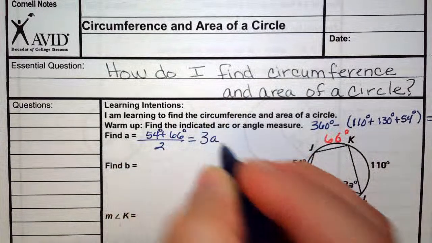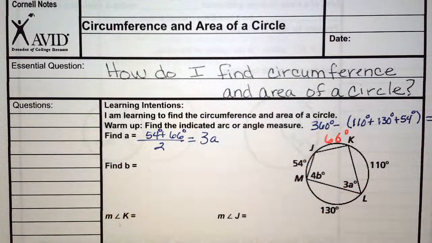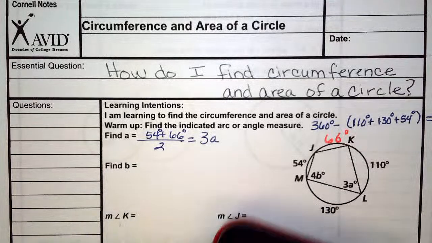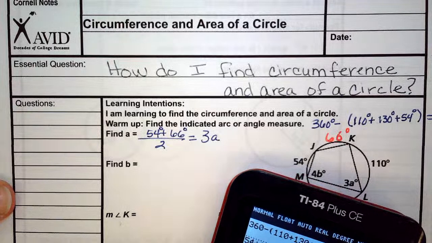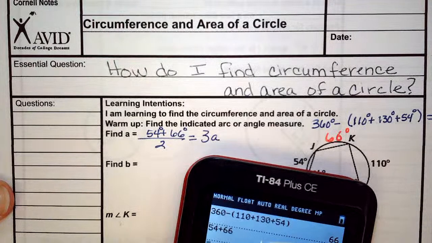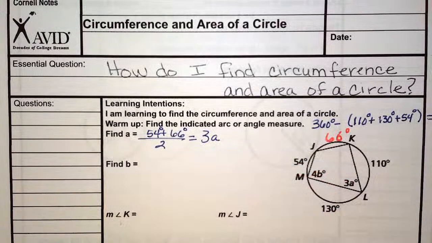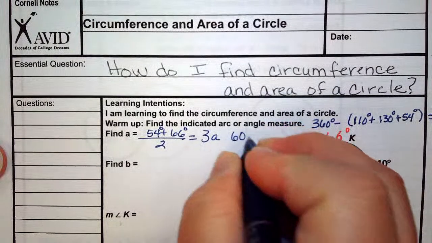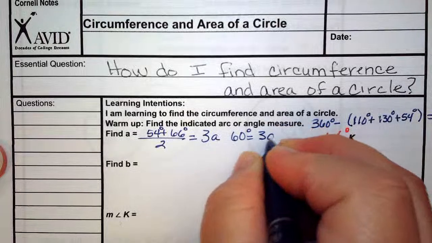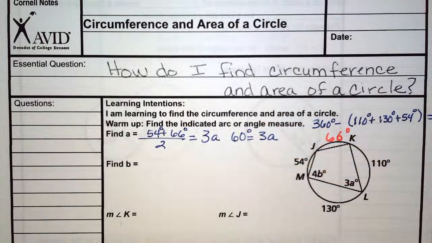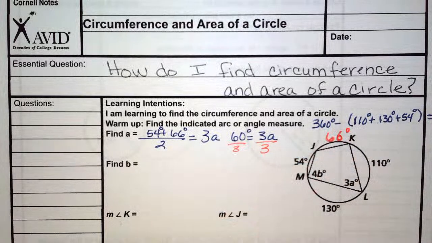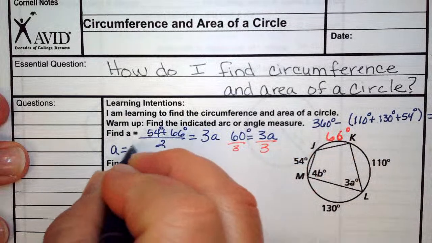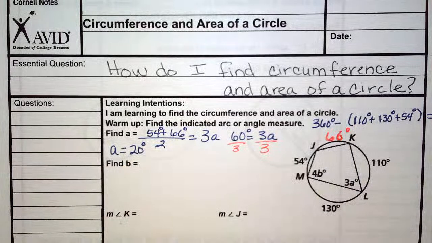Now 54 plus 66 is 120. Half of 120 is 60. Divide by 3, and A equals 20 degrees.